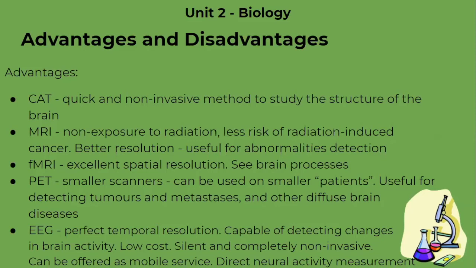The fMRI has excellent spatial resolution, which means we can see brain processes really well. The PET scan has smaller scanners, so it could be used on smaller patients, such as rats. It is useful for detecting tumors, metastases, and other diffuse brain diseases.